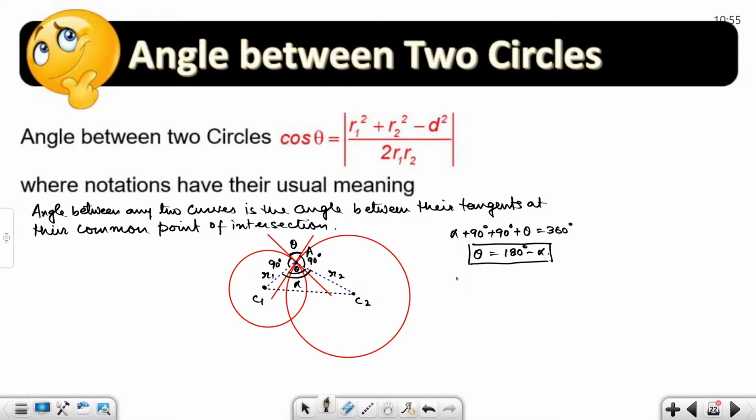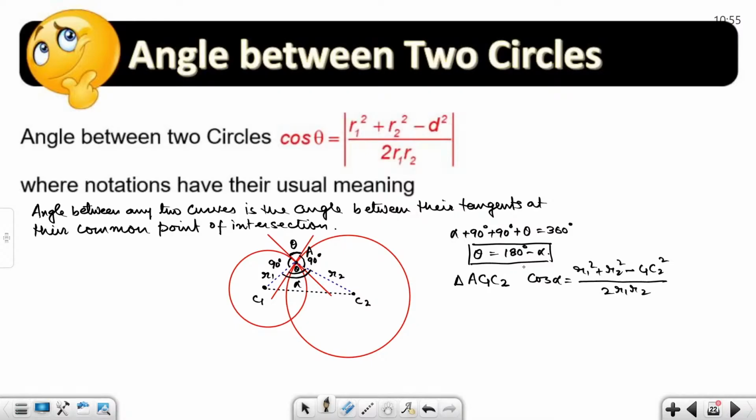So in the triangle A, C1, C2, look carefully. In the triangle A, C1, C2, we can say that cos of alpha is basically R1 square plus R2 square minus C1C2 square divided by 2 times R1 R2.